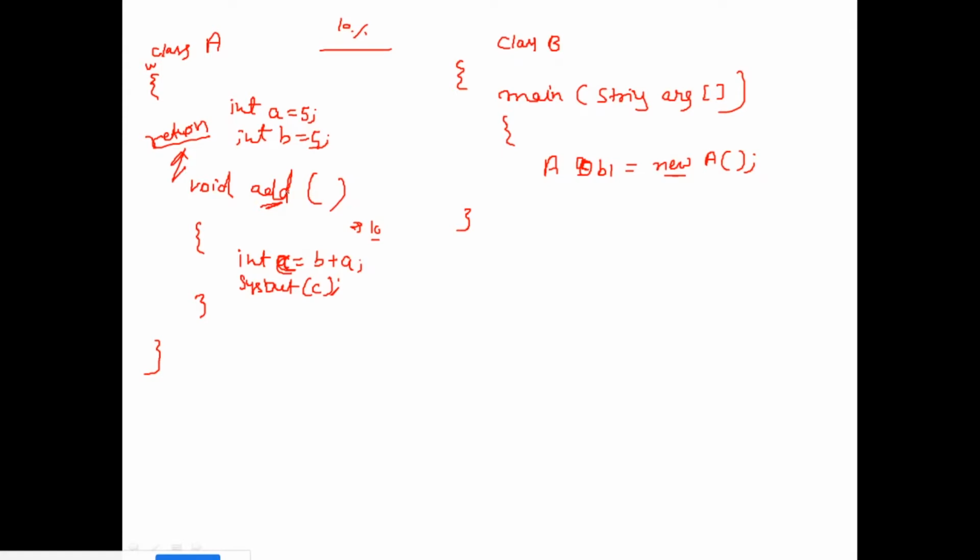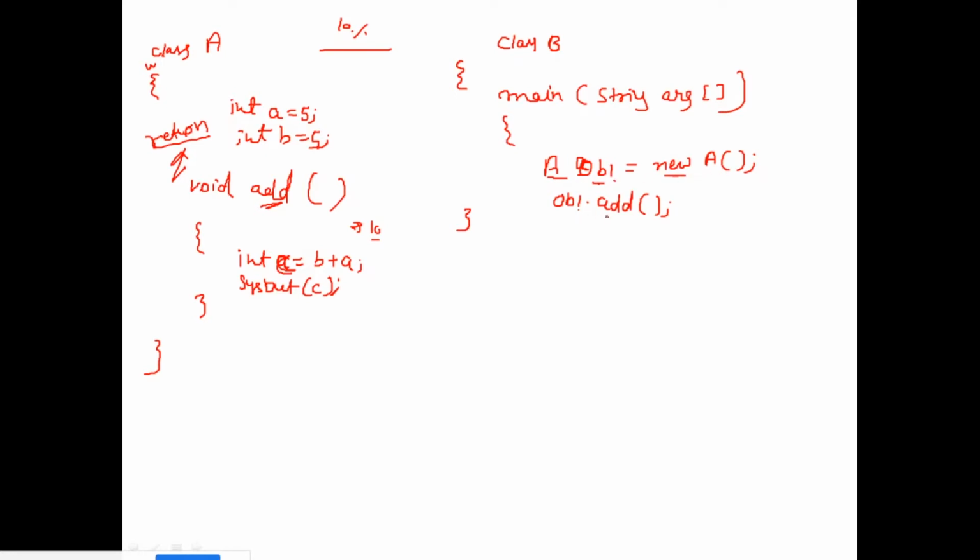Okay, now I want to call this method. Why? Because I want to perform addition, right? So I will call it with the object. I have made the object of this class, and this object will call this method, object dot method name, add. Now what will happen? This will first call this object ob1. This ob1 is new A, right?